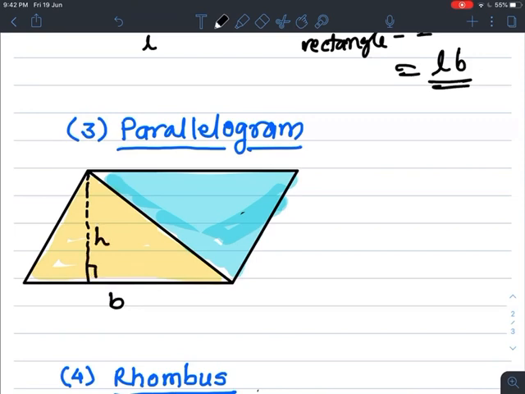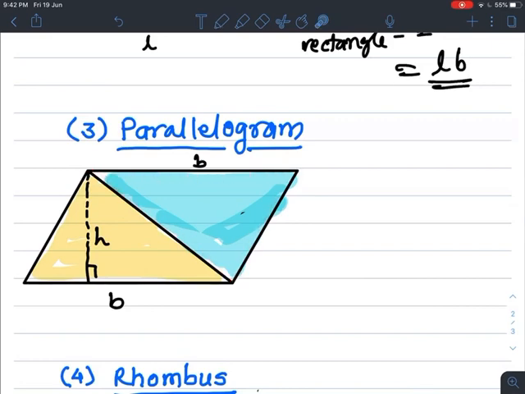Now we have to find the area of the yellow triangle, half base into height. So that is the first part. And again, for the blue triangle, how to find the area? Now I will consider this as the base.